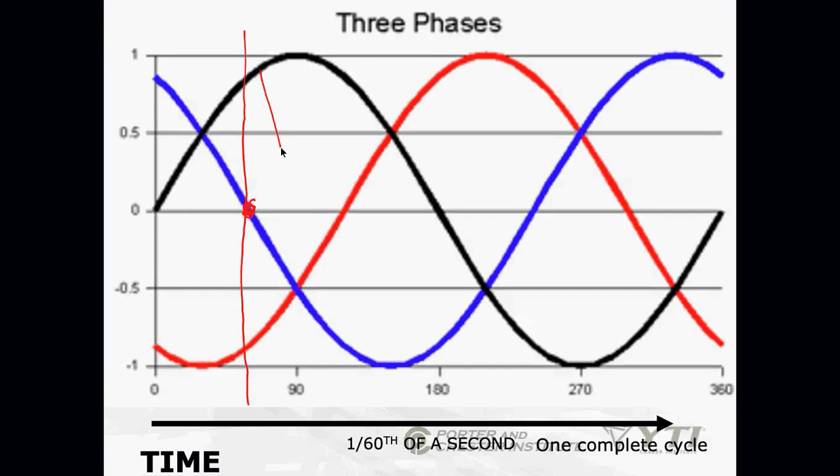So I always have a difference in potential between there and there, there and there, and there and there. Or my red, sorry. I always have a difference in potential.